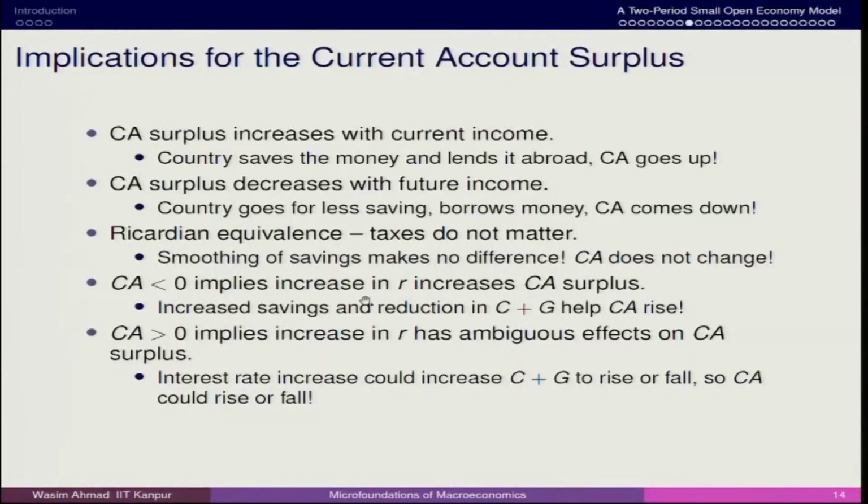Based on the magnitude of substitution and income effect, you can react on this, but typically, if you have the increase in R, then this will lead to a decrease in your consumption.